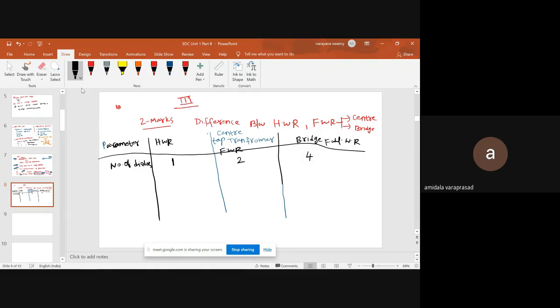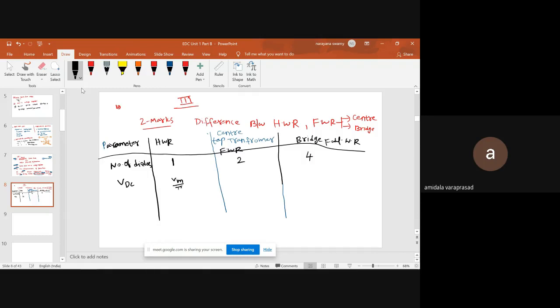Okay, next one is DC voltage. DC voltage for half wave rectifier is Vm by pi.